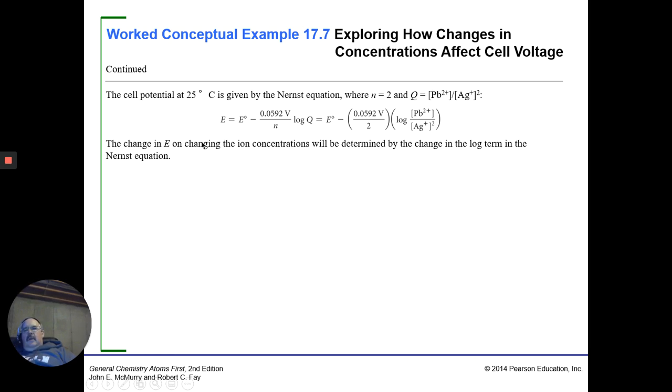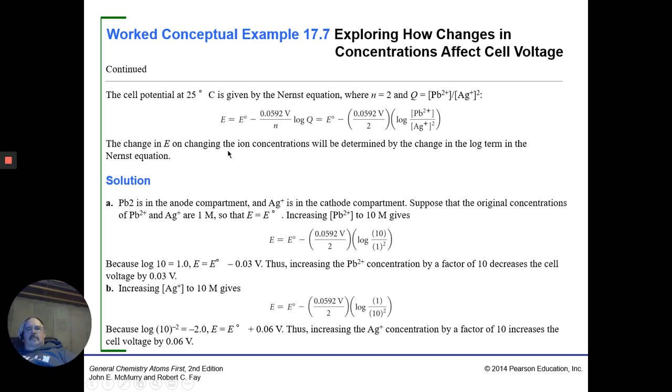We're looking for the change in E. So if we increase the lead concentration by a factor of 10, compared to standard conditions, this would be a 10 to 1.